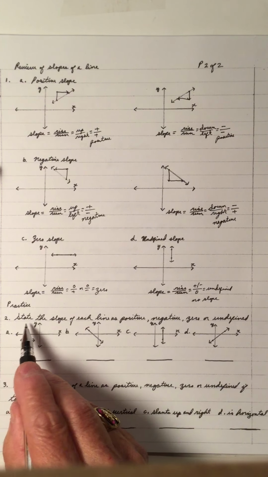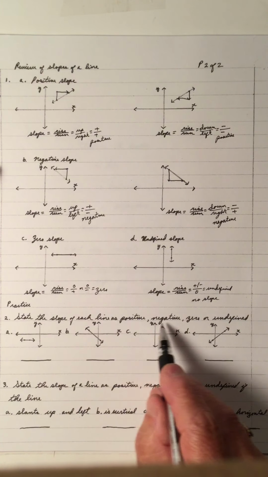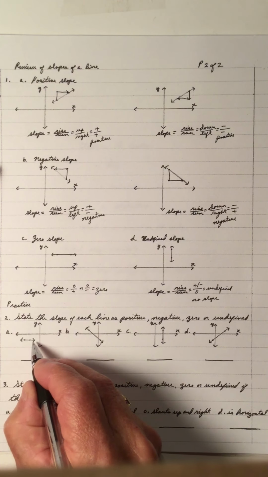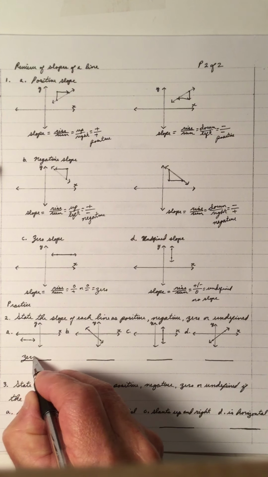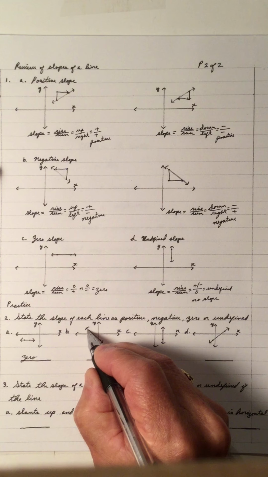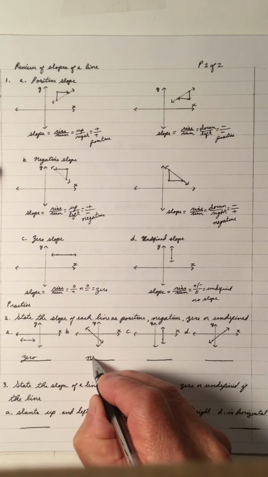Here we go. State the slope of each line as positive, negative, zero, or undefined. So we have a horizontal line, and the horizontal line has a slope of 0. This line is slanting up to the left, so it's a negative slope.